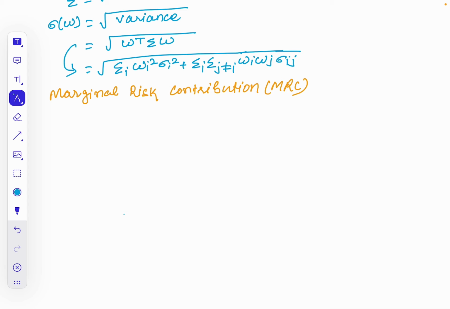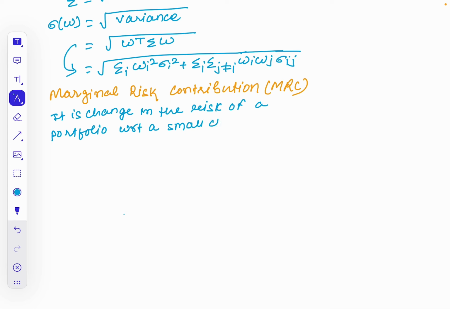So the definition is: it is the change in the risk of a portfolio with respect to a small change in the weight of a component.